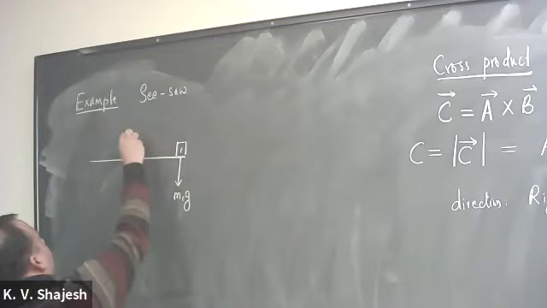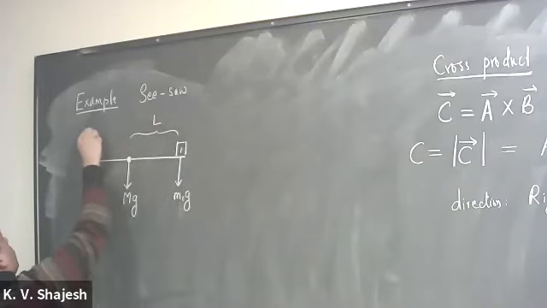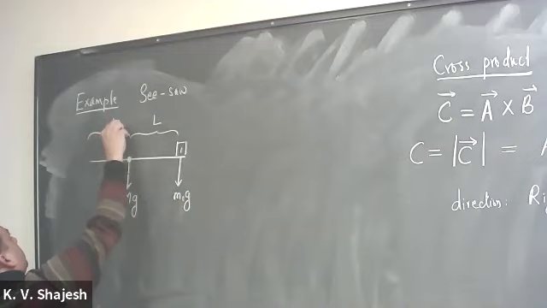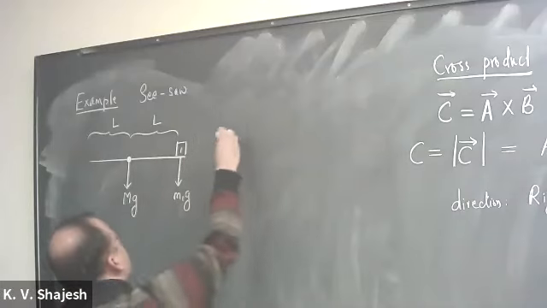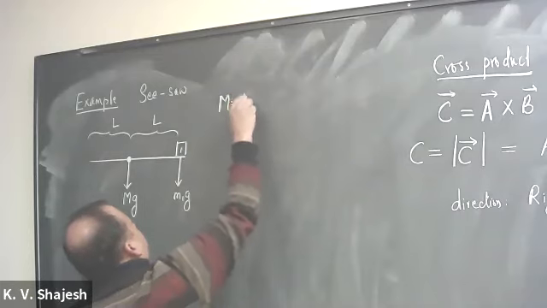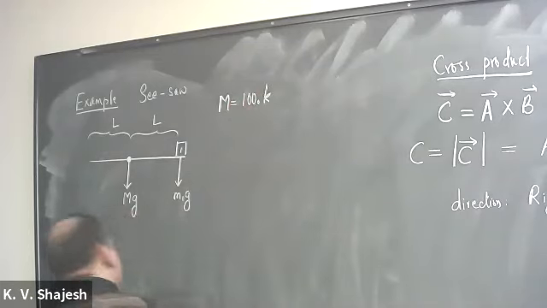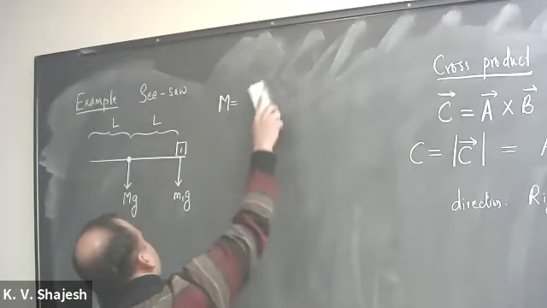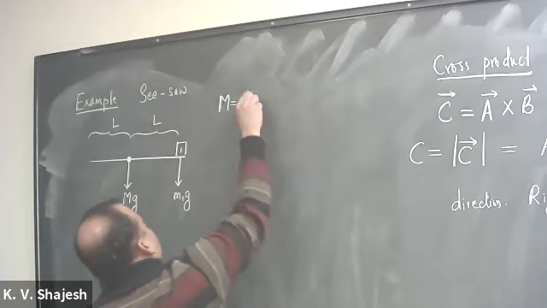Let's say the distance here is L, and that's also L. And let's have M to be about 100 kgs. It could be a light plank, it doesn't really matter. So let's say about 20 kgs.